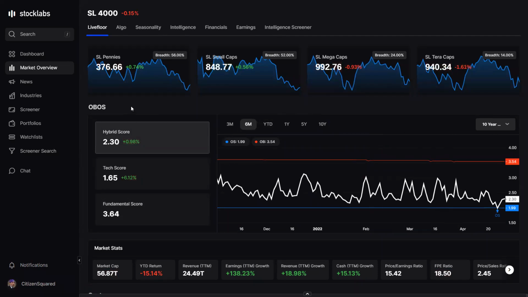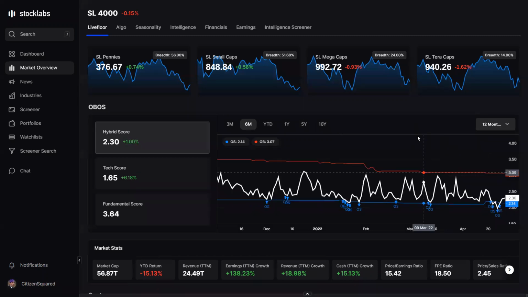So that's overbought, oversold. It measures stress points in the market, and the sample period you use will determine how severe of a stress point you're looking for. Now, like I said before, this only generates signals when you get a close below the oversold line or above the overbought line.